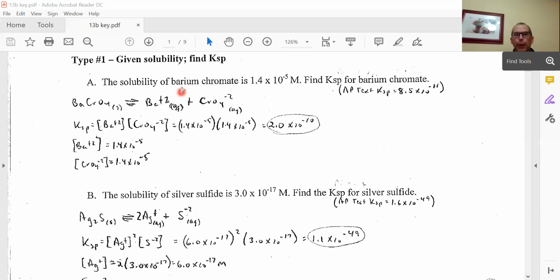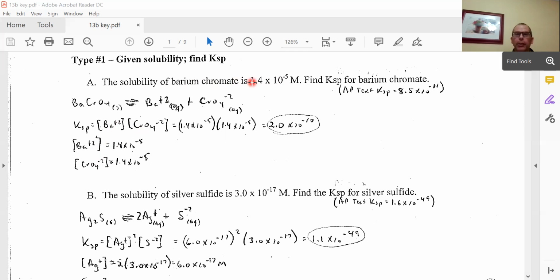So it says barium chromate has a solubility of 1.4 times 10 to the negative fifth. So when that dissolves to the small extent that it does, what's going to be the concentration of barium? What's going to be the concentration of chromate? Well, everything's in a 1:1:1 ratio.